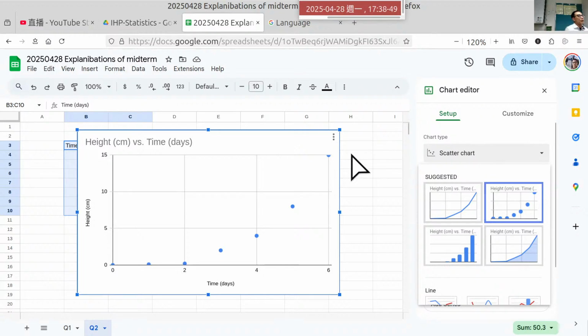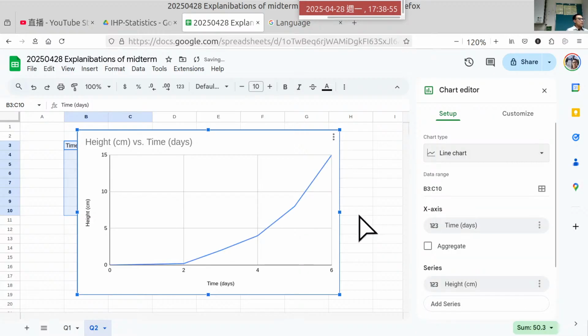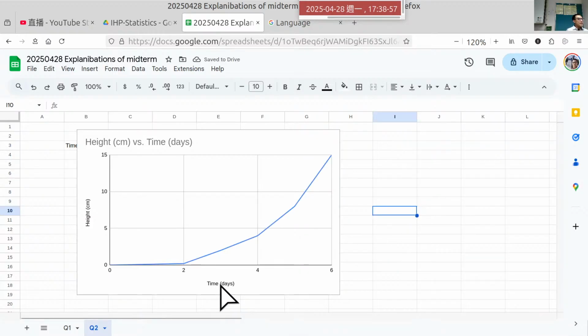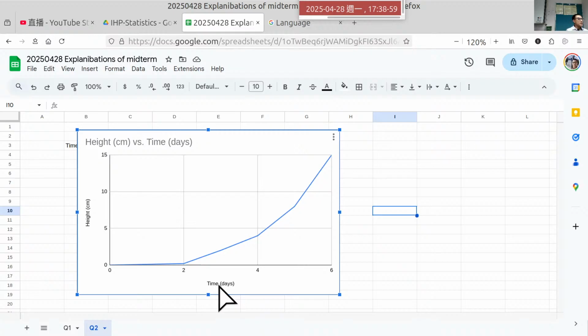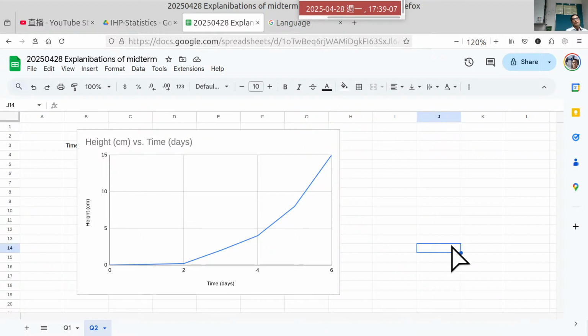You can use a line or dot, either one is okay, or like this one. The x-axis is time in days, and the y-axis is height in centimeters. Is it okay for you?